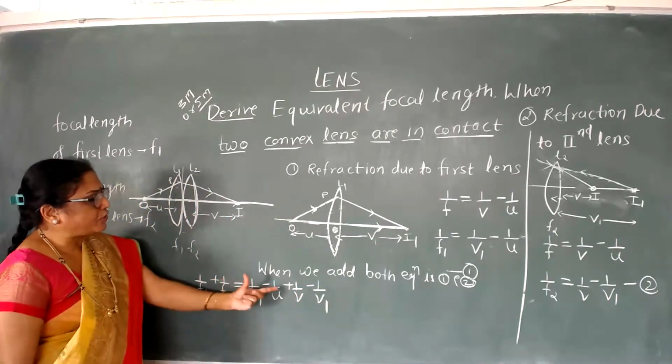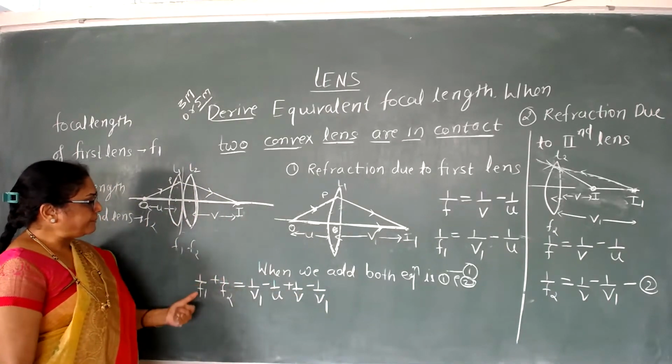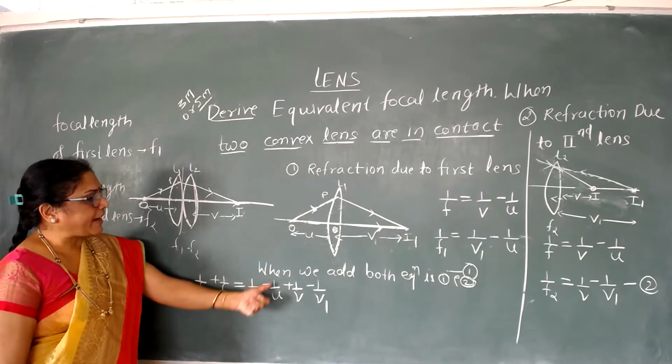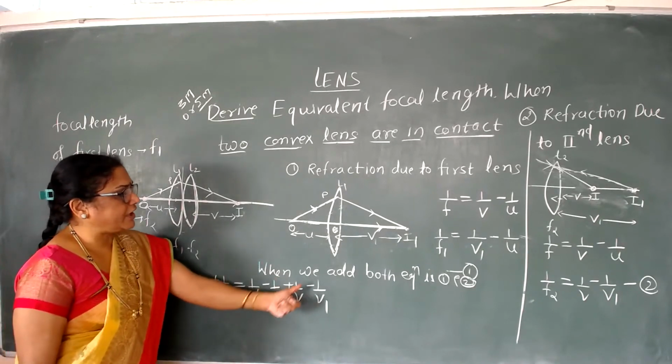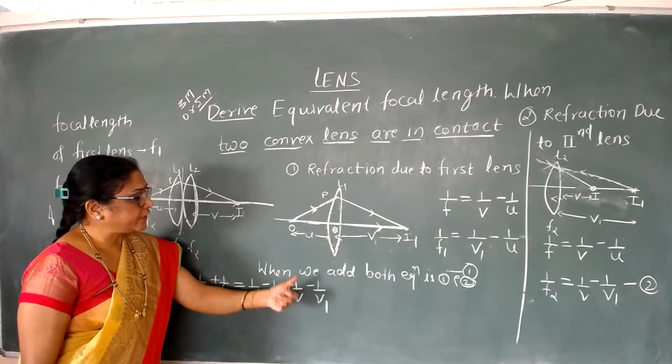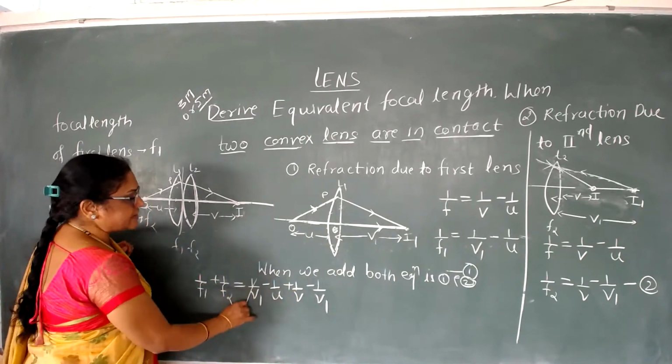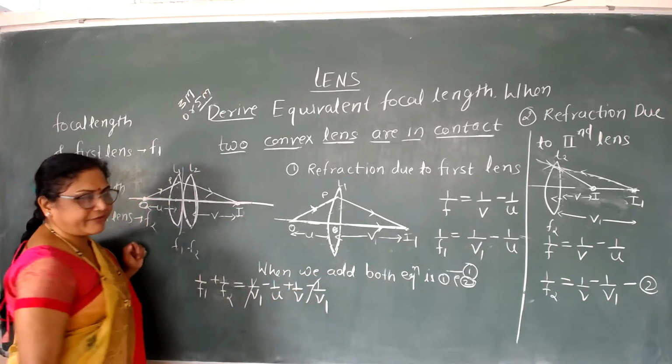So when we add both the equations, we have got 1 by f1 plus 1 by f2 is equal to 1 by v1 minus 1 by u plus 1 by v minus 1 by v1. So cancel the same values, that is 1 by v1 minus 1 by v1.